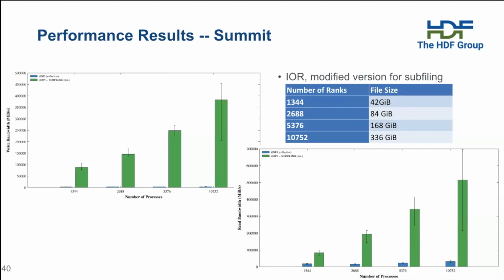I believe so, but I'm not sure because I haven't actually worked on subfiling. You'd have to ask Jordan. Yeah, so Neil, the subfiling uses vector IO for everything currently, but it doesn't use selection IO, and we want to update it at some point to do that as well.